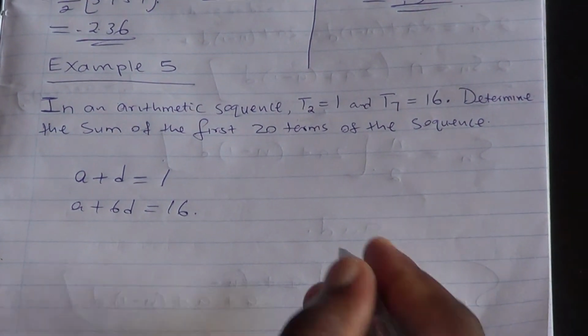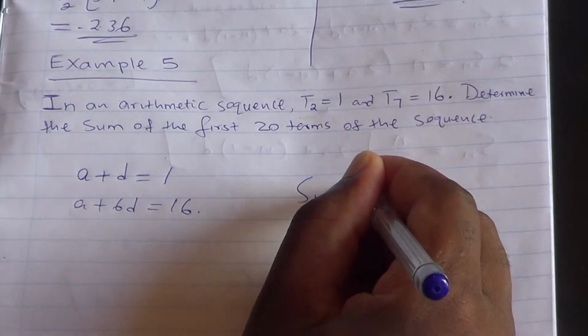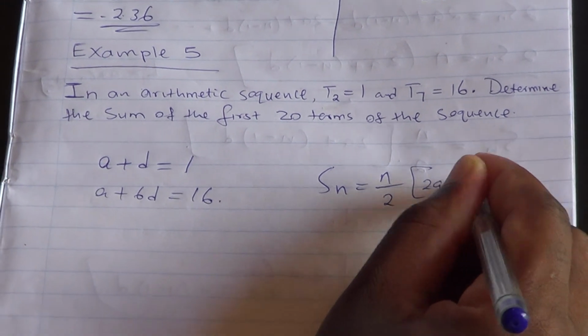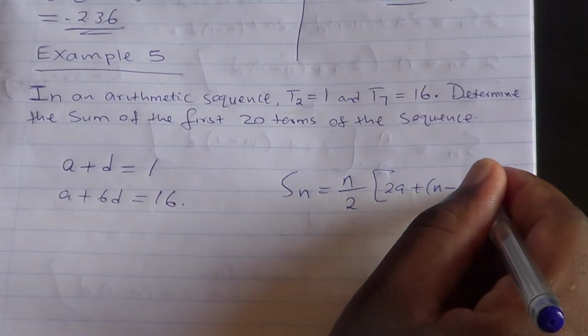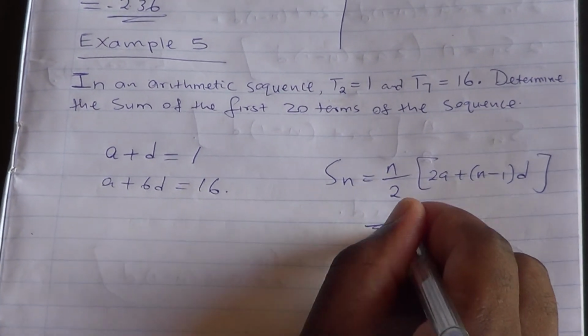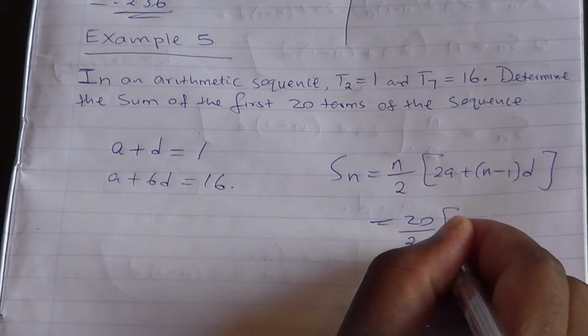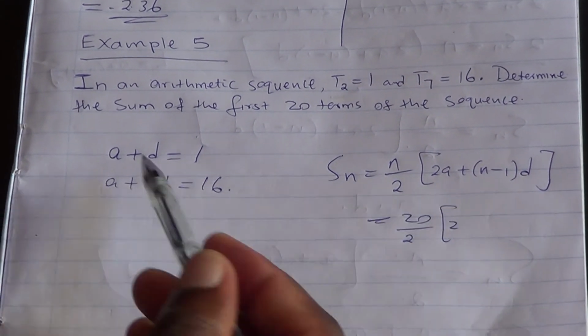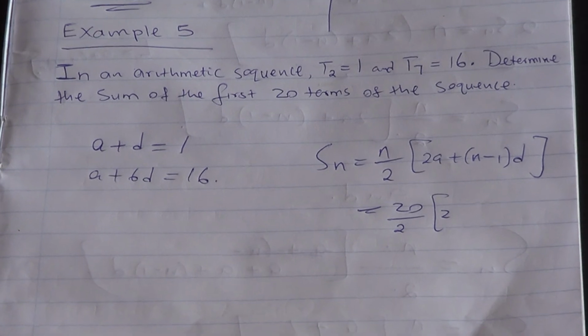Remember, for you to calculate the sum, you need the first term, the number of terms, and also the difference. The number of terms we have is 20 over 2, but we don't know the first term. That's why we have to calculate the first term and the difference using the information that we are given.